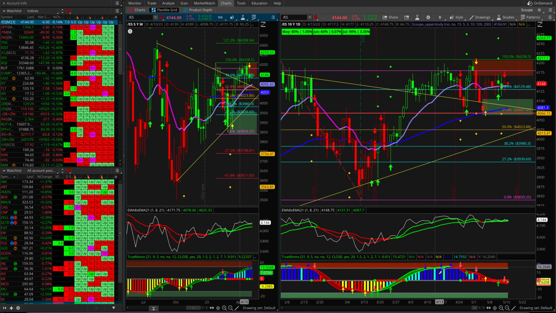But then we've got some back and forth with some momentum that's happening inside the colors, the red here and the yellow here. So I'm going to be pairing up the green arrows with the yellow and the light blue bars, and obviously using the squeeze and overbought and oversold conditions. As far as these overbought and oversold territories, they do work.